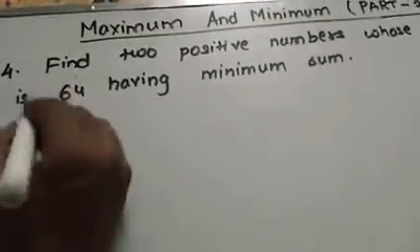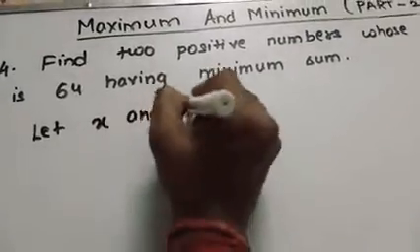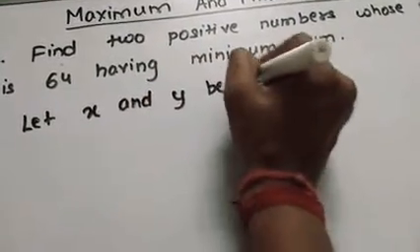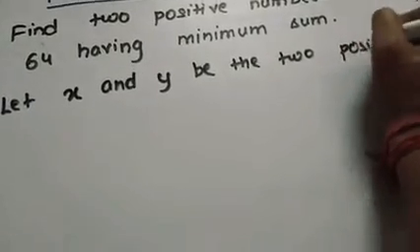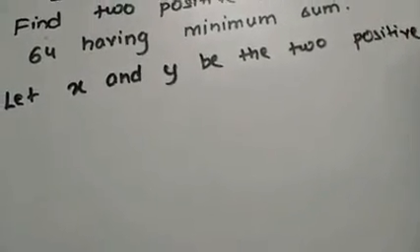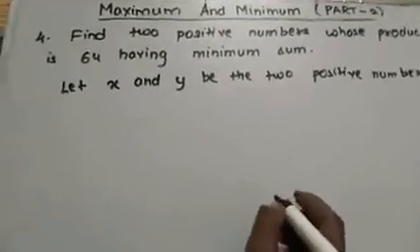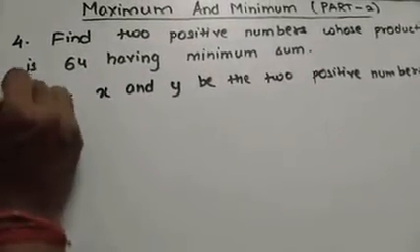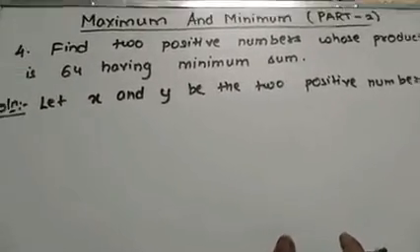So first of all, we will assume that x and y are the two positive numbers. This is the solution part. Now what is given in the question?